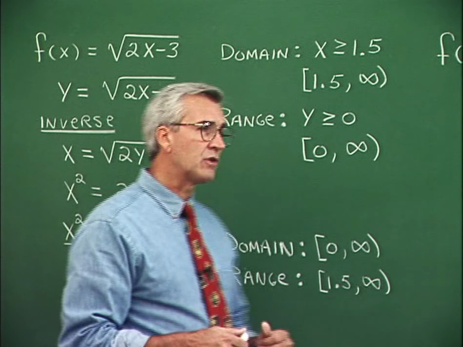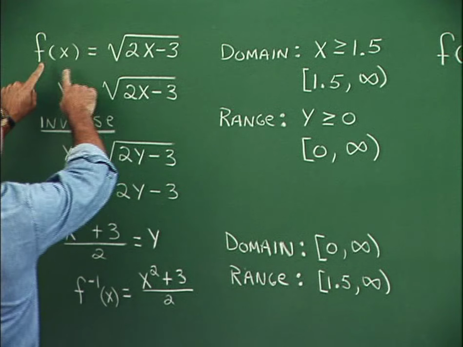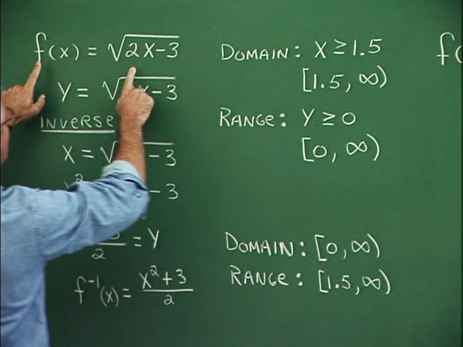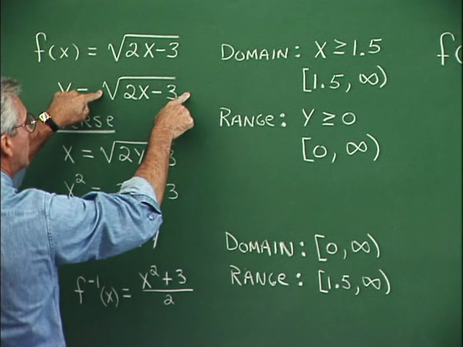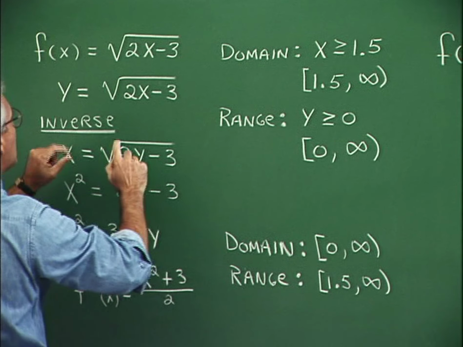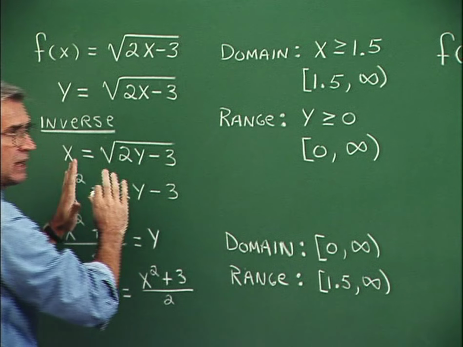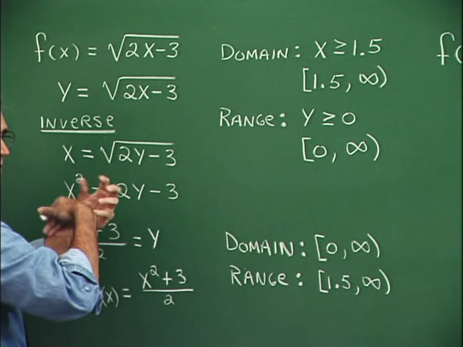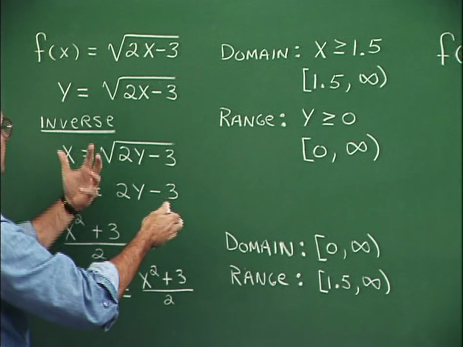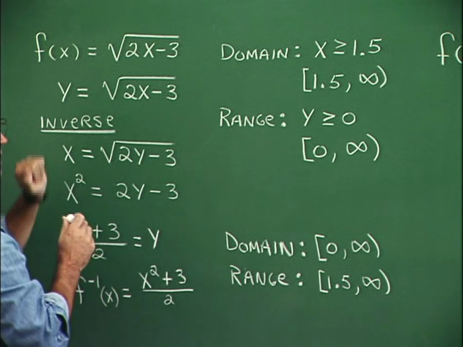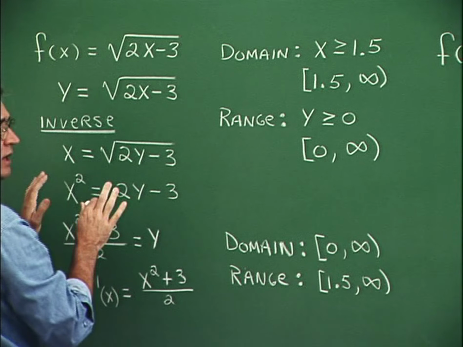Well, the idea of inverse function is this, that if we take a function f of x and we can write it as y equals this expression, when we want to find the inverse, and I'm talking about generating the function which is the inverse of f, there are actually two techniques that are possible.